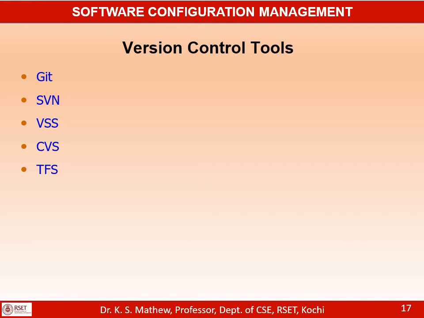Visual SourceSafe is from Microsoft. It's a licensed product. Concurrent Versions System, CVS. TFS, Team Foundation Server, is also from Microsoft. So there are a lot of tools which can be used for version control.